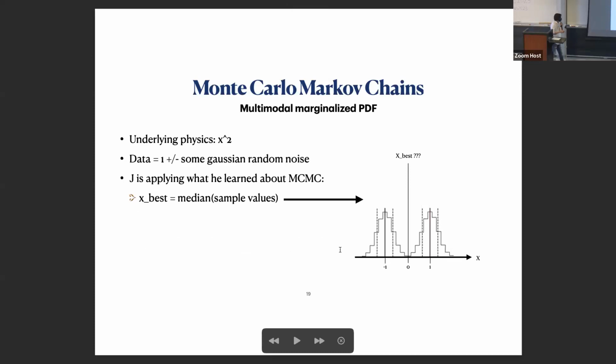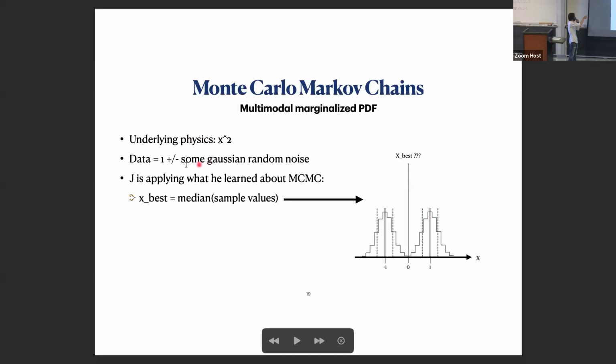And let's take another example of where we have to be careful, especially in those kinds of models, on how we interpret the chains. Most of the time, the way you interpret the chain is, I'm just going to take the median of the sample values, and it's going to give me my best solution. So let's take this example here, completely made up. You want to prove this very simple physics law, x squared.